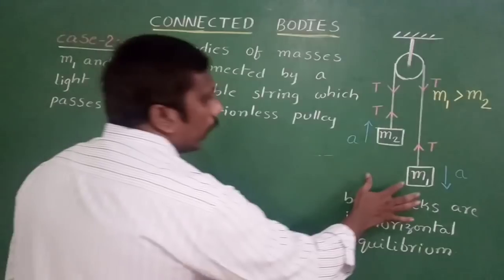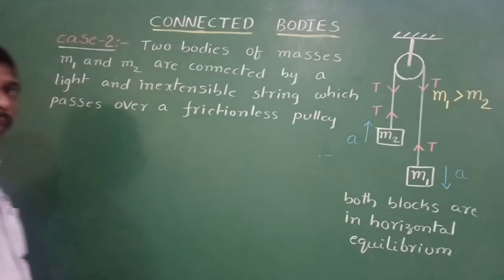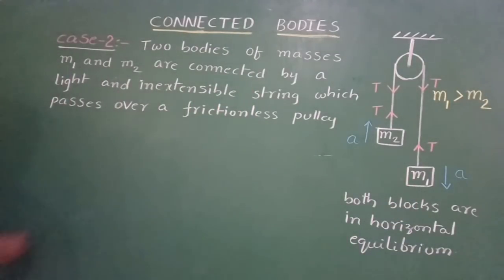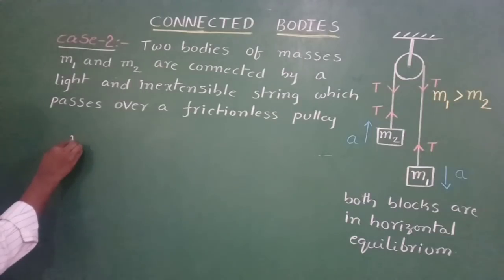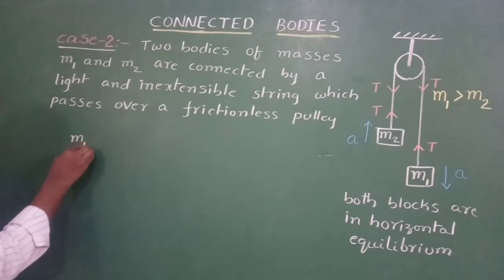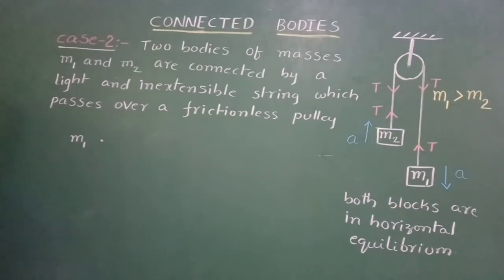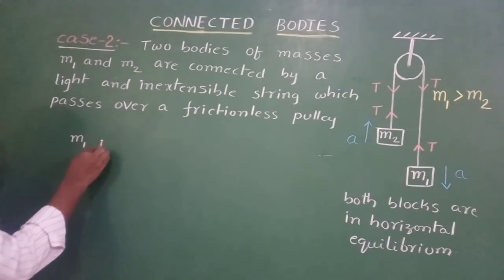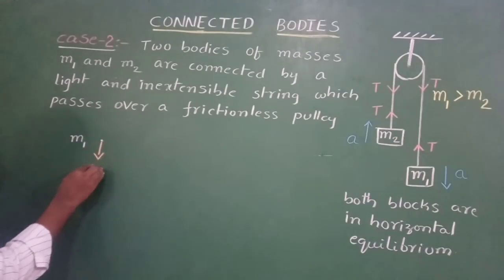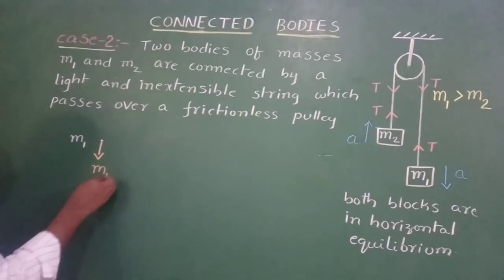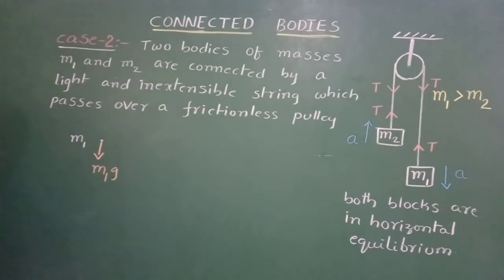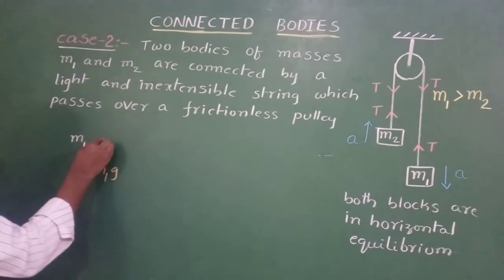If you write the equation for block 1, I am writing for m1. On m1, only two forces are acting. One is tension, the second is weight. Weight m1g is acting in the downward direction, and tension is acting in the upward direction.